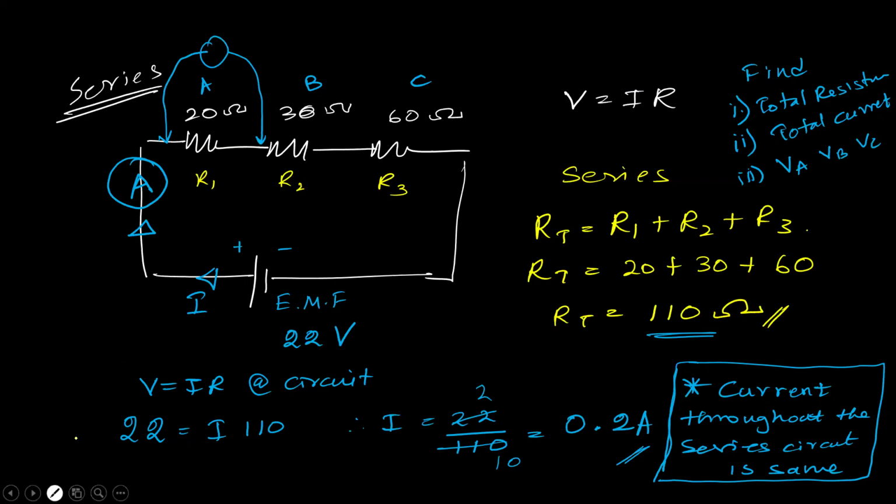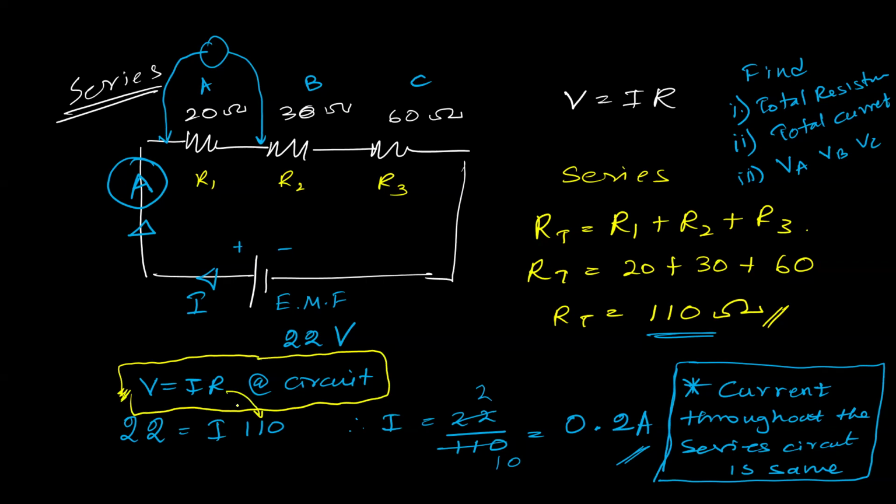Online class students, you all can copy this in your notebooks. Physical class students, I have done a lot of questions. If you all have space, you all can copy this, or else you all can copy this at home. Voltage of the battery is 22, current is unknown, resistance value is 110. Then we find I, that is the current.